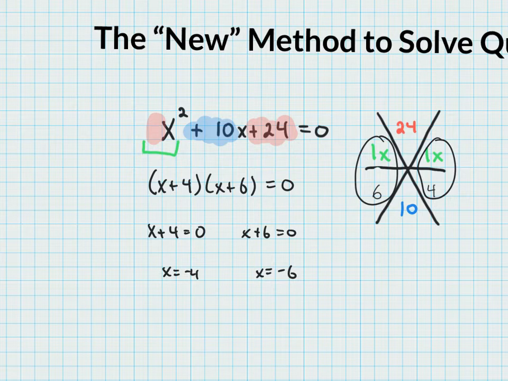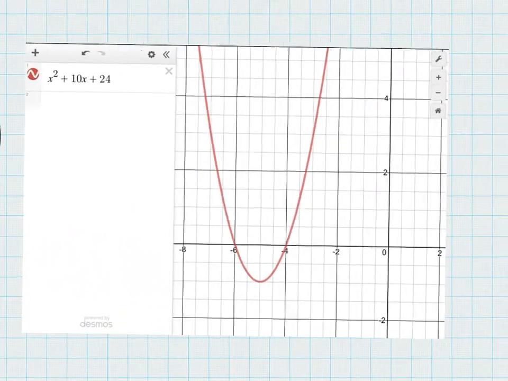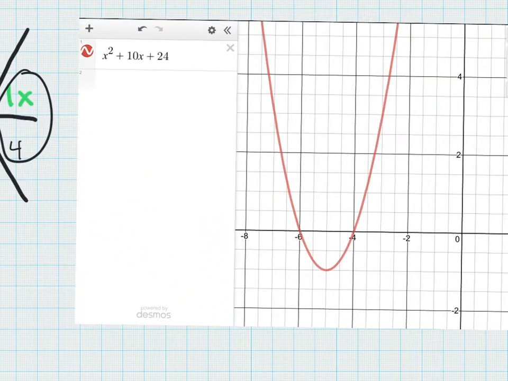Now, graphically speaking, what does that look like? When we graph this function, we see that my two solutions are the x-intercepts. I'm going to call this one r and this one s. Notice another thing here, that the vertex is right here. The axis of symmetry is the vertical line that passes directly through the vertex, like so.